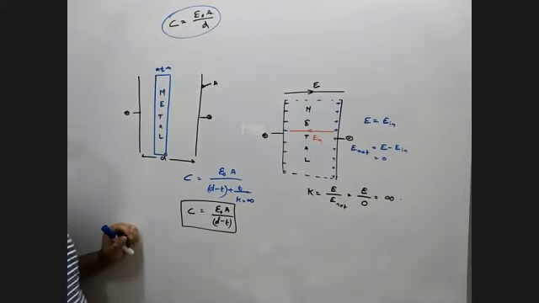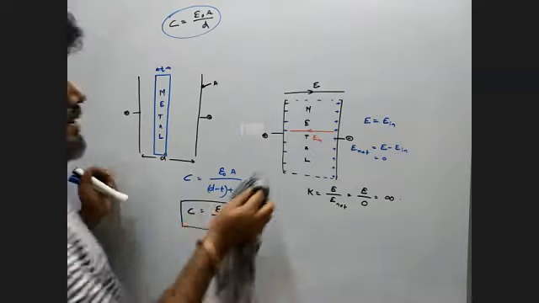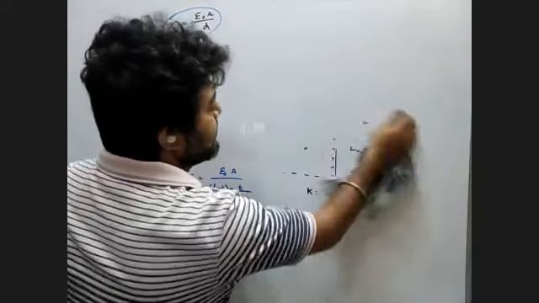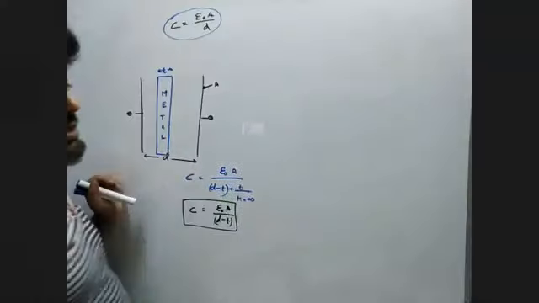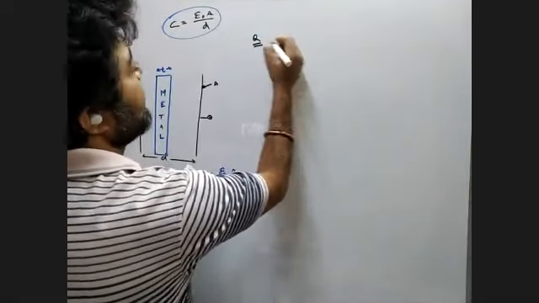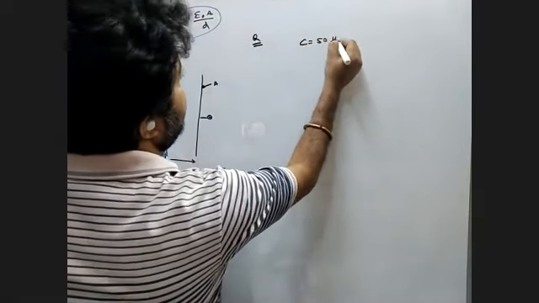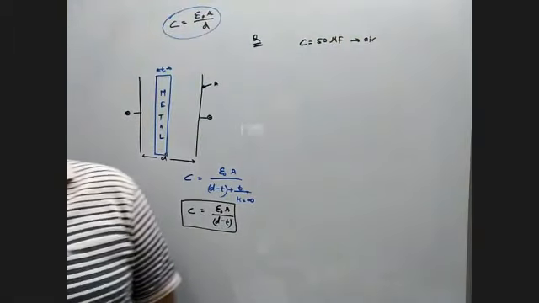If it is okay, now please write a numerical. Write down: an air plate capacitor of capacitance 50 microfarad.